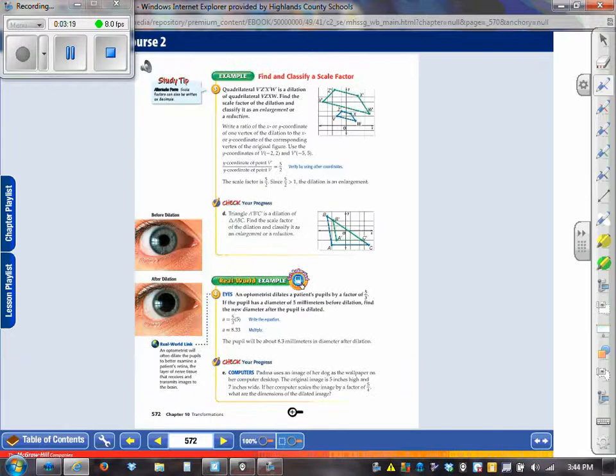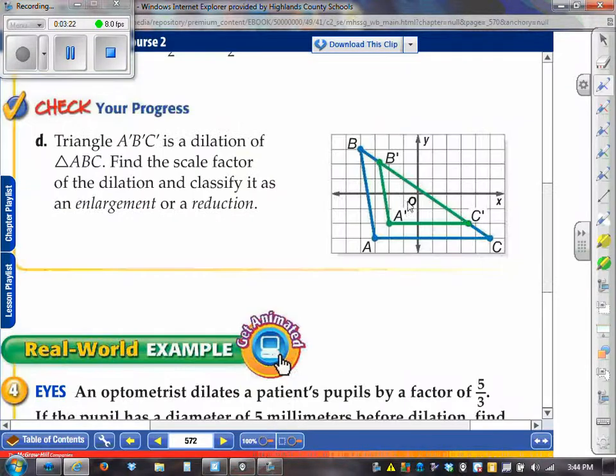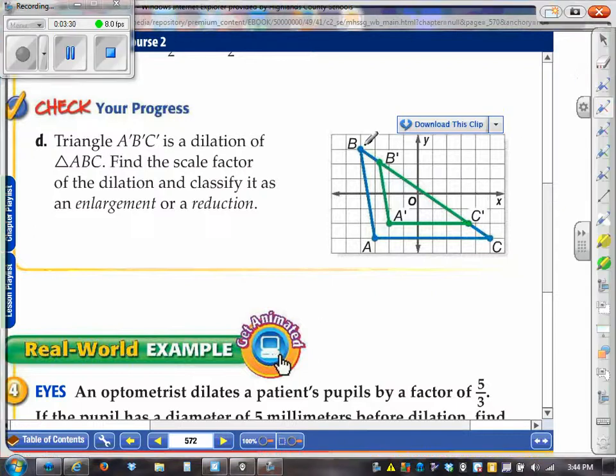You can also look at an image and figure out what the scale factor was. You can do that by looking at the points. See, B is at 1, 2, 3, 4, and 1, 2, 3.